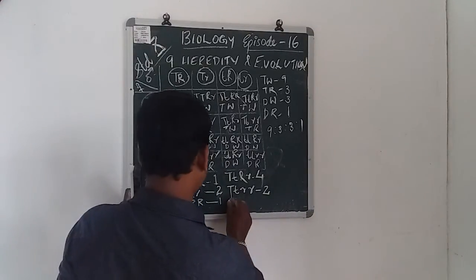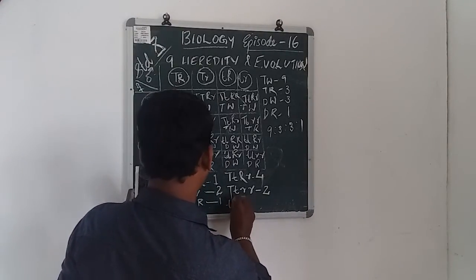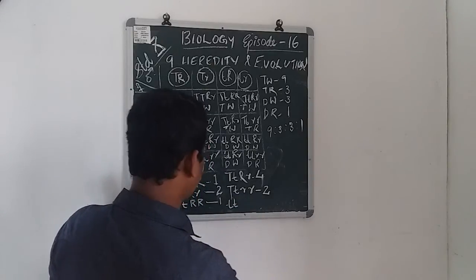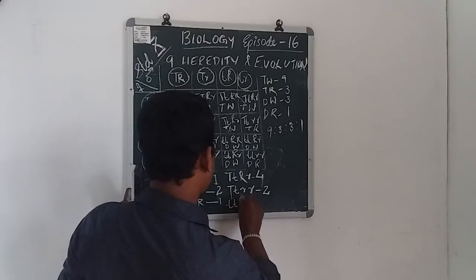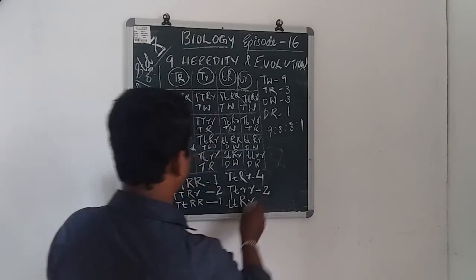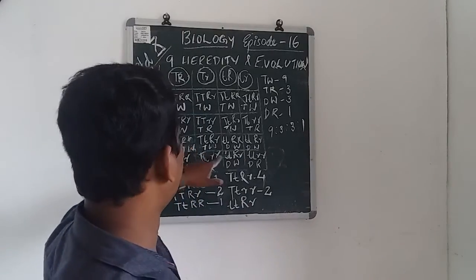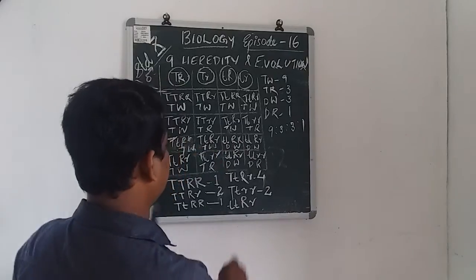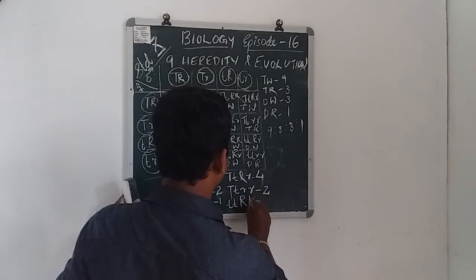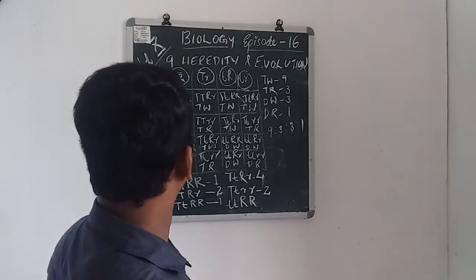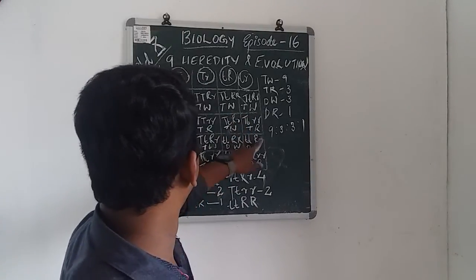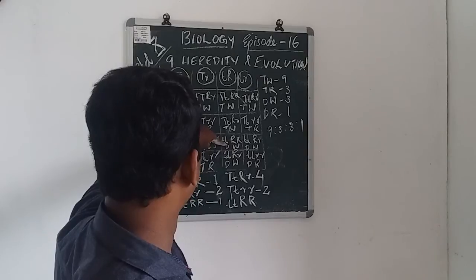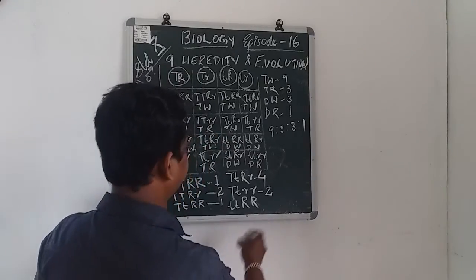And small t, capital R, small r. Small t, capital R, capital R. Look at this. 1 is 1.